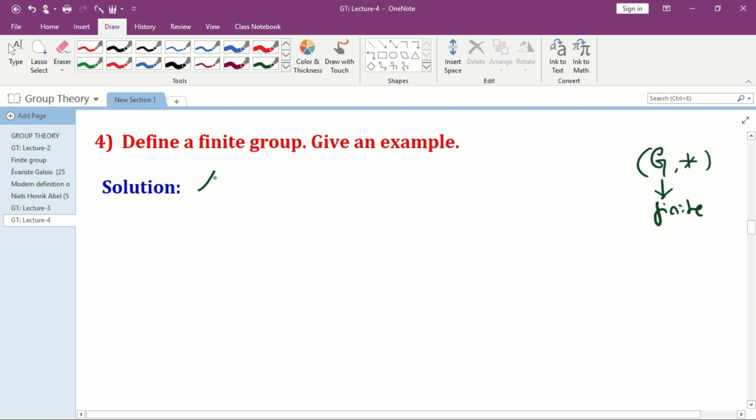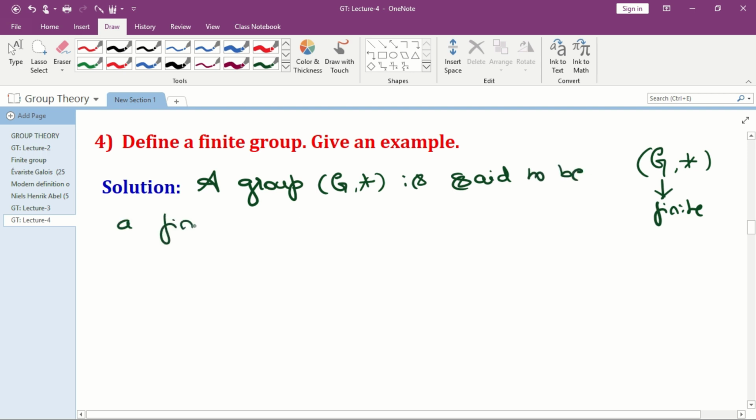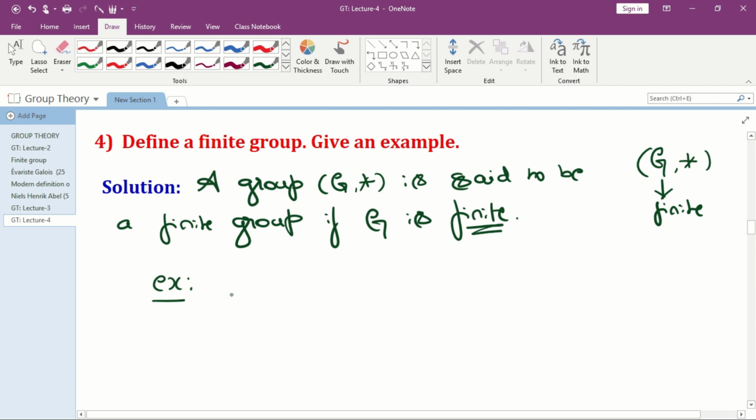We shall write: a group G star is said to be a finite group if G is finite. That is, G is a finite set. So for example, we have already discussed in the previous lectures.